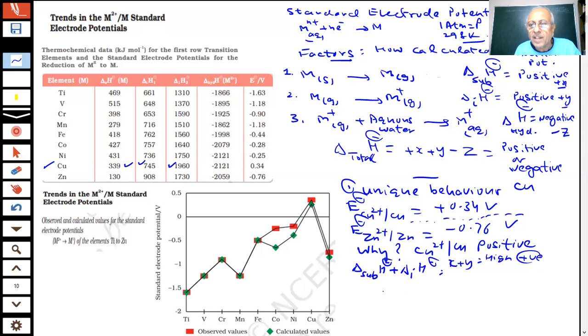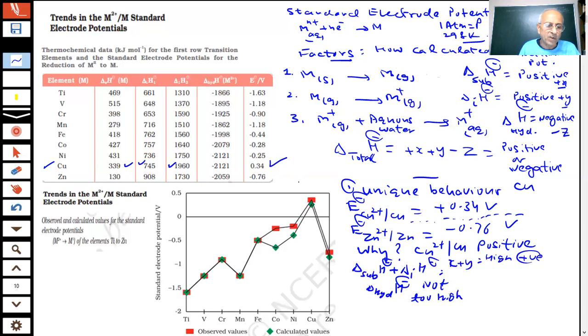But here delta hydration is not too high compared to the positive energies. If the positive energies are higher than the negative energies, then for copper the electrode potential value is positive.